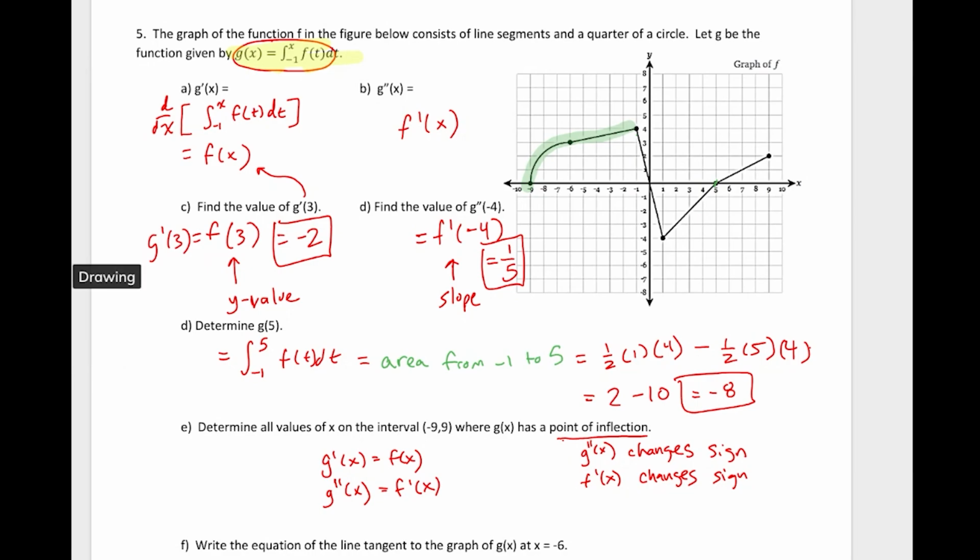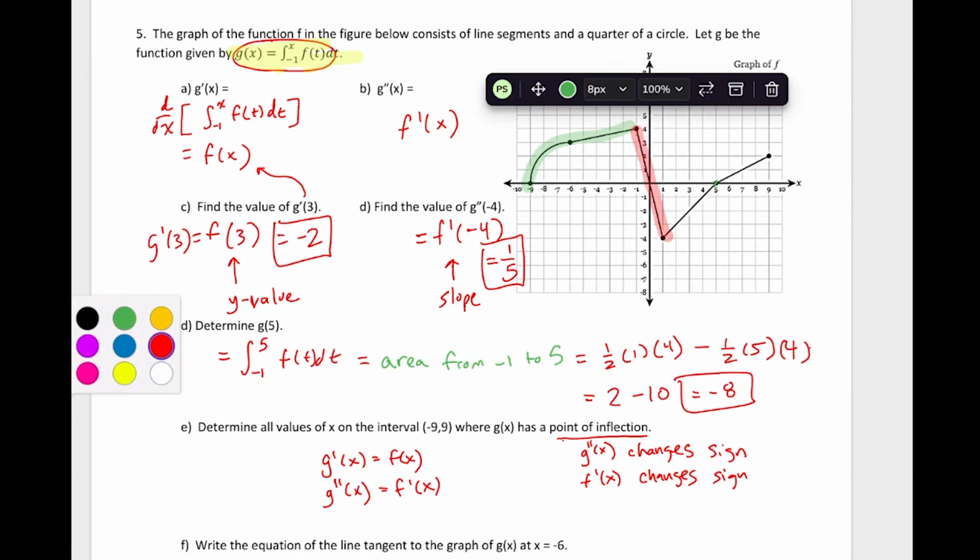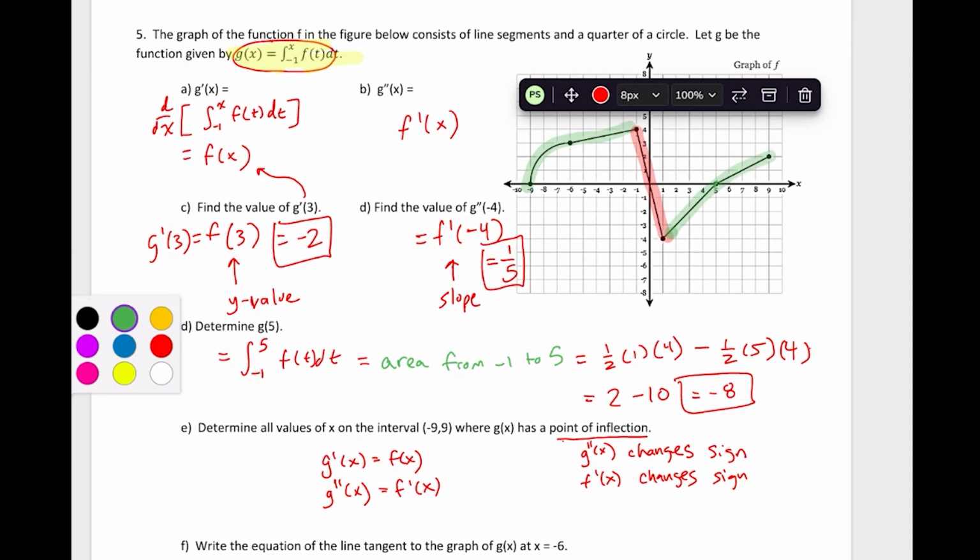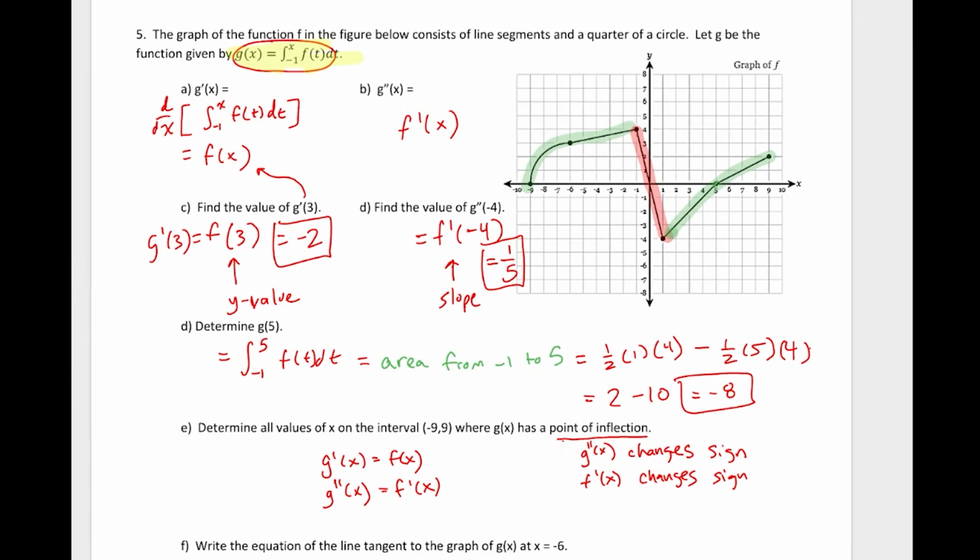And then we've got a negative slope from -1 to 1, and then after 1, it's all positive again. So there are two locations where the sign of f prime is changing, and that's going to be at x equals -1 and at x equals 1.